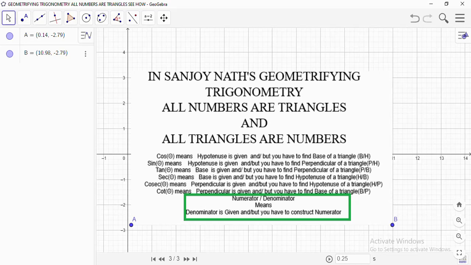In geometrifying trigonometry, the 3 points also have well-defined names. The point where the least sized angle is formed is the pivot point. The point where the largest angle is formed, suppose 90 degrees, is the stretch point, and the third point is the nodal point, which can have any other value of angle enclosed between the sides.